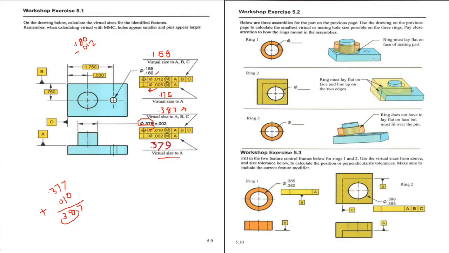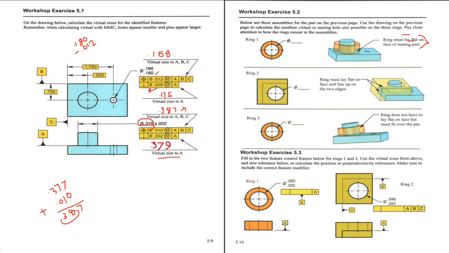Then in this exercise, we have the condition that our ring must lay flat on the face of mating parts. So if we follow this condition, then we will add the perpendicularity of this pin at the maximum material condition, and that would be the diameter of this ring, and then the ring could lay flat on the face.